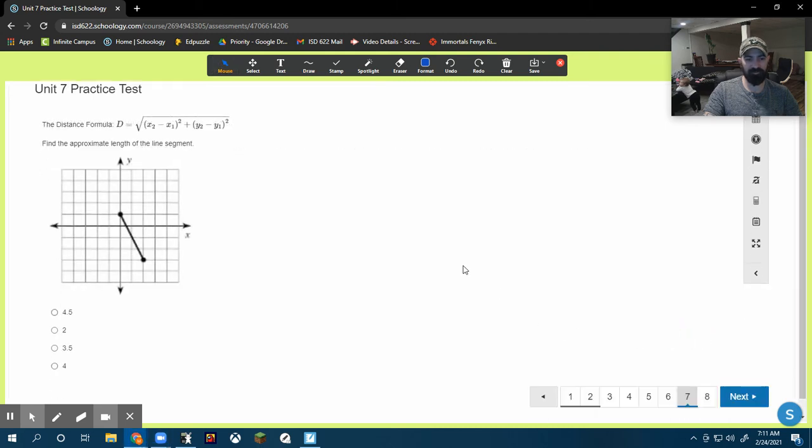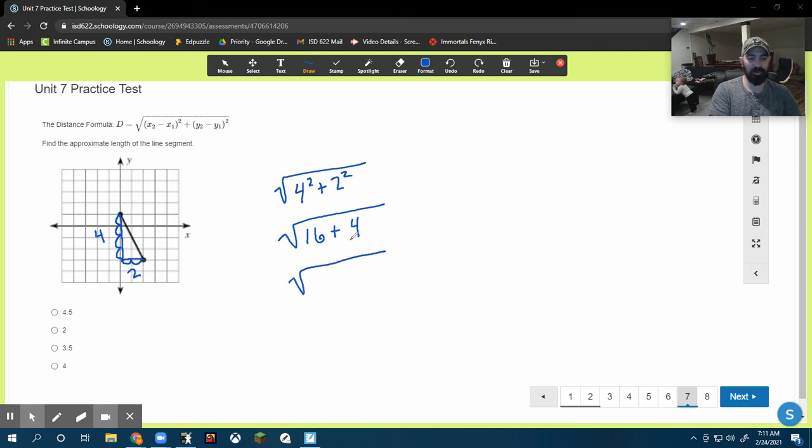Number 7, distance formula. When we have it on a graph, we are just going to make a right triangle. Count your change in x, which is 2. Your change in y, which is 4. And then we're going to use our formula, a squared plus b squared, and take that square root. Well, 4 squared is 16. 2 squared is 4. 16 plus 4 is 20, not a perfect square.